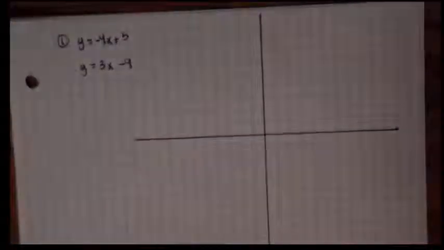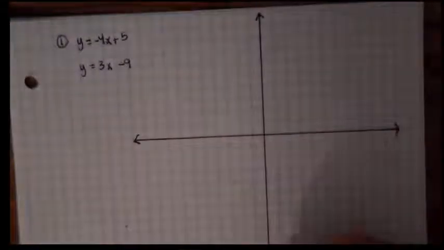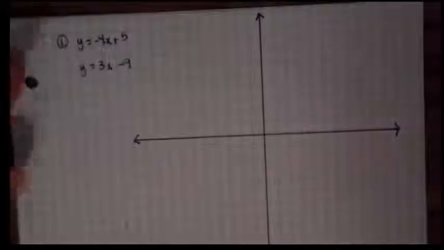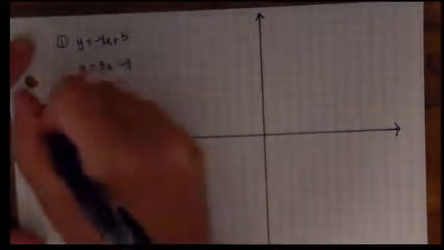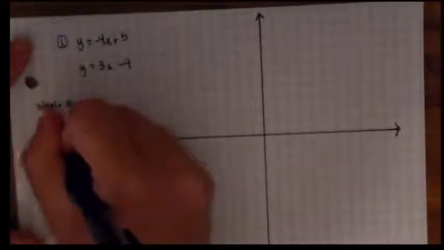Okay, so I have my coordinate plane. And I'm going to graph my first line. Now, our first step will be to put into y equals mx plus b form. Our second step will be to graph. And then our third step is to identify the intersection.